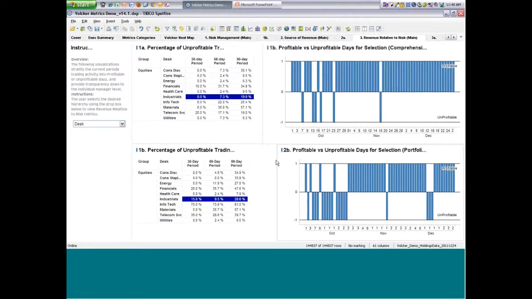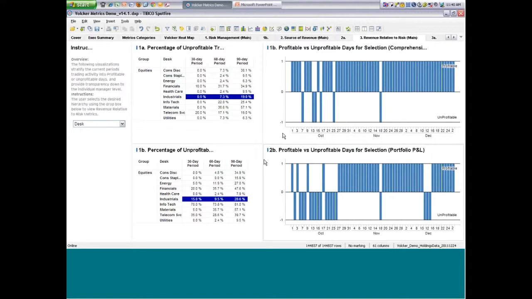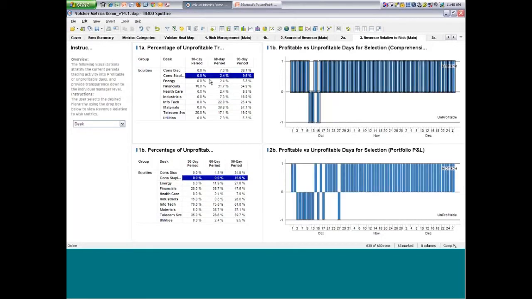As an example, breaking up the desks and looking at what is the percentage of unprofitable trading days, and then if we start to break out comprehensive P&L into subcategories, are we seeing an even distribution? Up on 1A and 1B, we're looking at comprehensive P&L. Down on the bottom, we're looking at just asset appreciation.